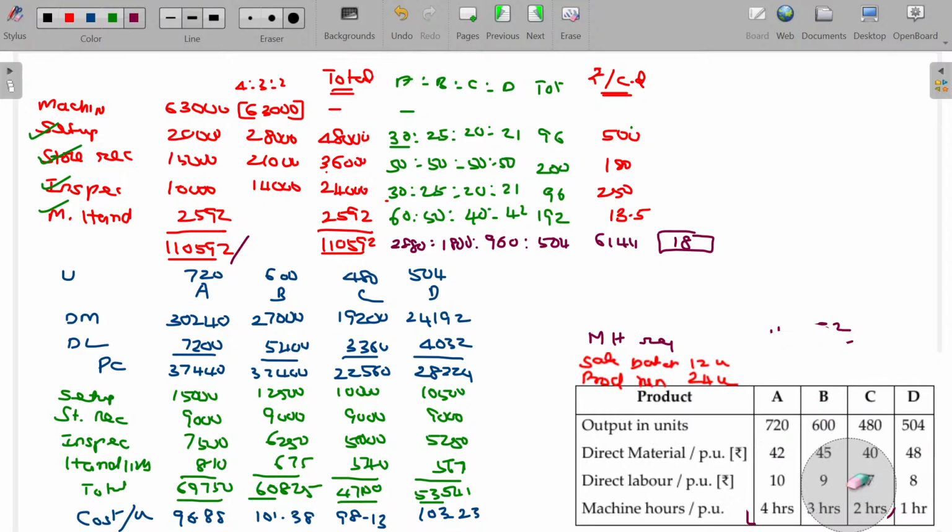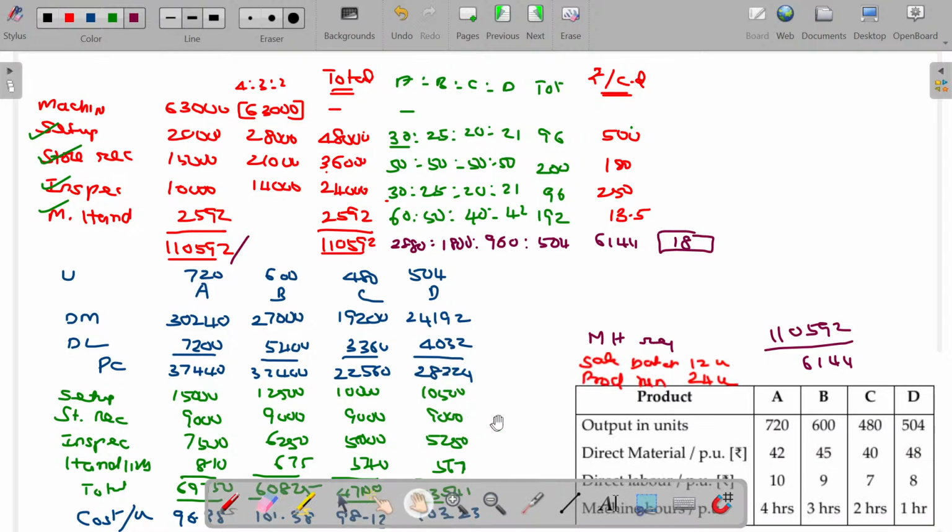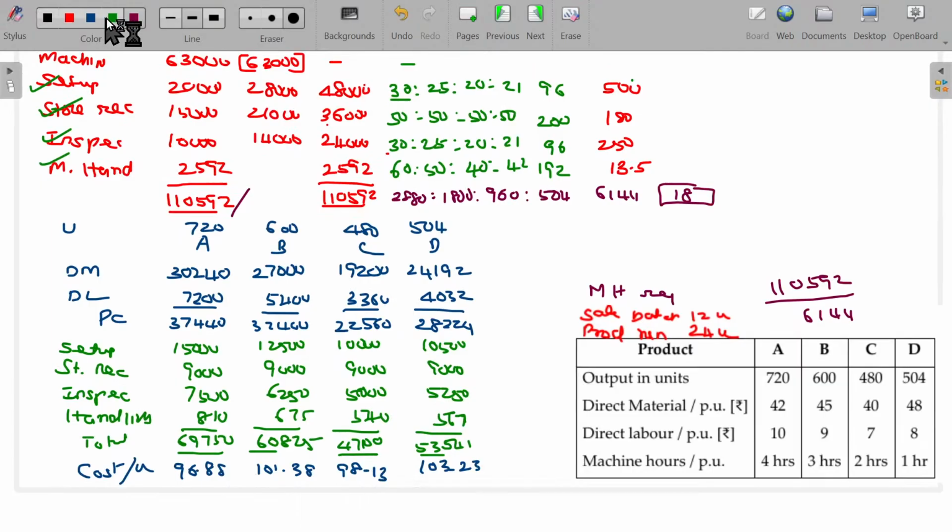Now how do I calculate? Under absorption costing, factory overhead is equal to 18 rupees into 2880, which is 51,840 for A. Are you getting it? 51,840.